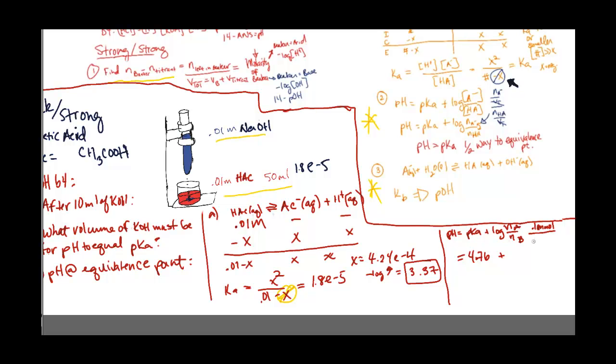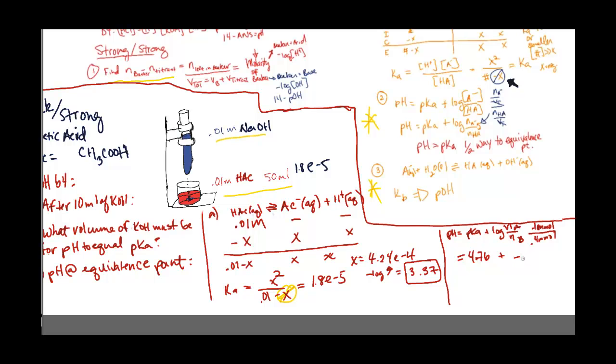That's what we added. And then if we subtract, we're going to get 0.4 millimole. So we have 0.1 divided by 0.4, log of the answer, plus 4.76.